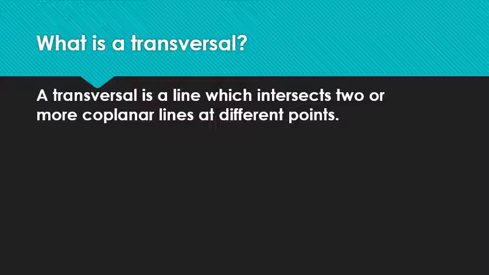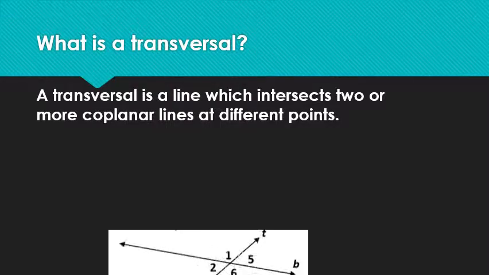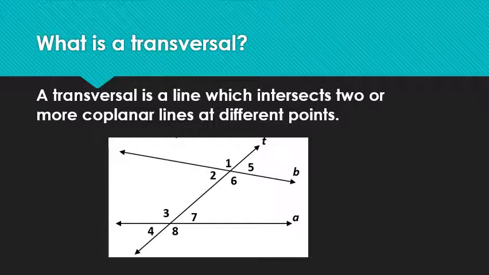So if I look at this picture, which you also have on your paper, I got a transversal, this right here is my transversal. This line T intersects two or more lines at two different points.